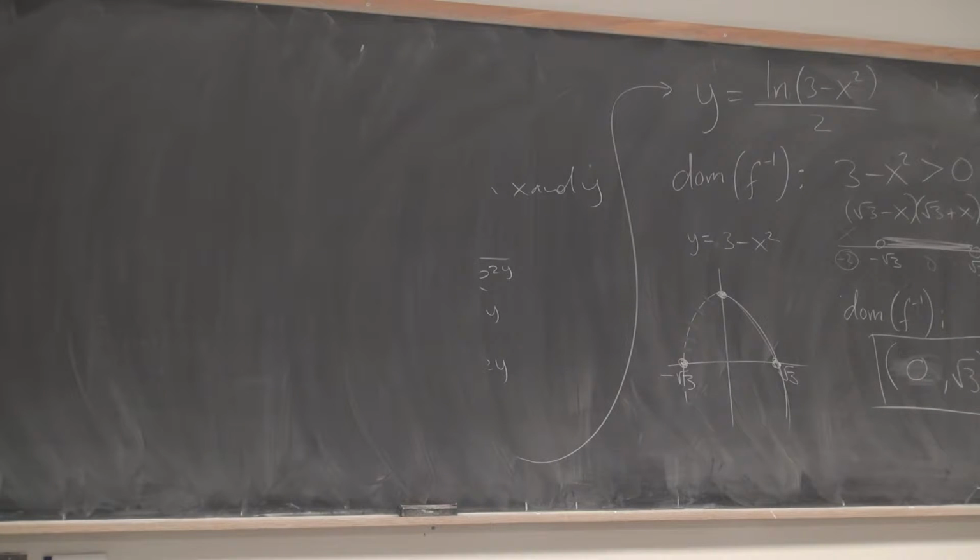Right, so when x is ln 3 over 2, what do you get? You'd have 3 minus e to the 2 ln 3 over 2. Right, the 2's would cancel here. E to the ln of 3 is just 3, so that would give you 0.